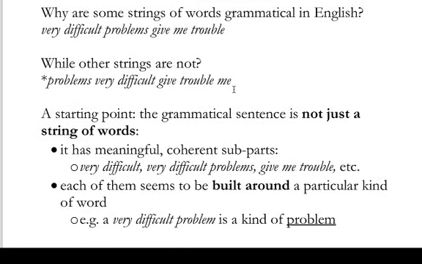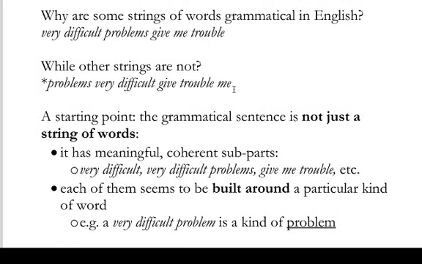So again, this is the short version of why we think that there's phrase structure in syntax. And these are all stated with regard to English, but of course this is going to be true in every single language, right? There's going to be some kind of generalizations here about what the meaningful and coherent subparts of a sentence are and what kinds of items they seem to be built around.